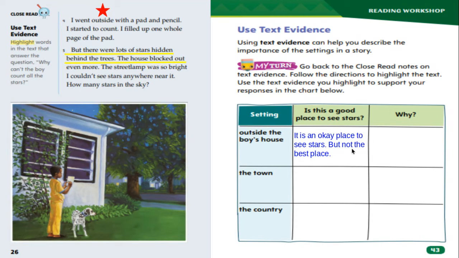In order to support my answer, is this a good place to see stars outside the boy's house? It is an okay place, but not the best place. And why? Here we go. The stars are hidden behind the house and the trees. There is too much light. So now I have evidence from the text to prove my answer.